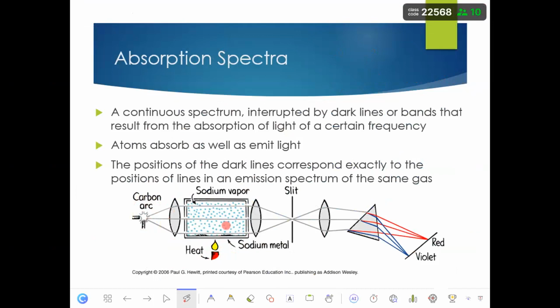We already have this map, and we would like to see what exactly is inside this box. We try to increase its temperature. The light comes and passes through this box, and what happens? Some of these particles absorb the emission light.